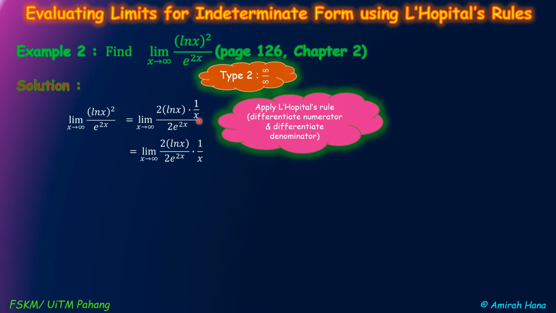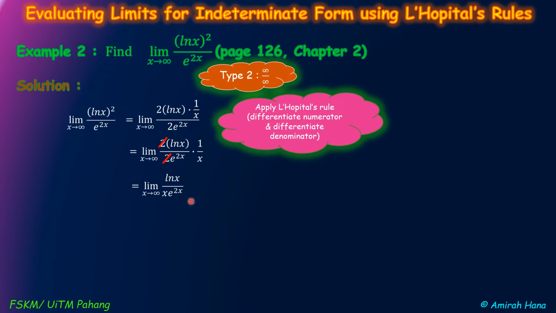Times 1 over x means the whole fraction can be written like this. After that, we can cancel 2 from the numerator and 2 from the denominator. Then we have ln x in the numerator and x e to the power of 2x in the denominator.